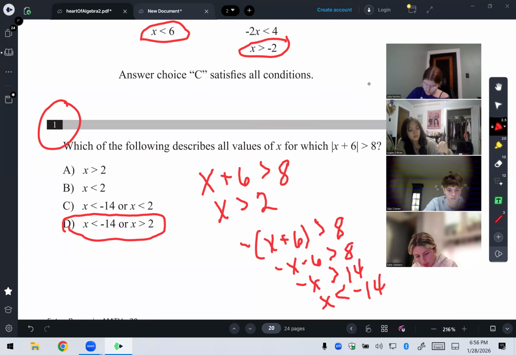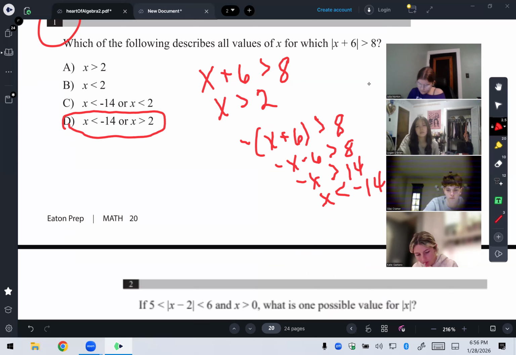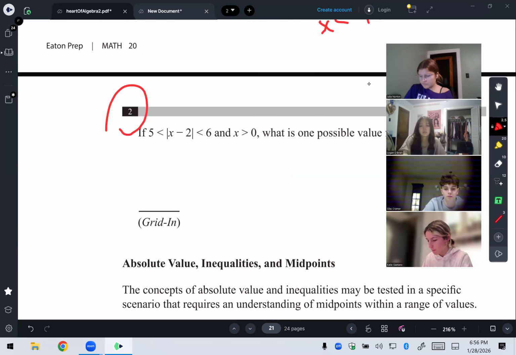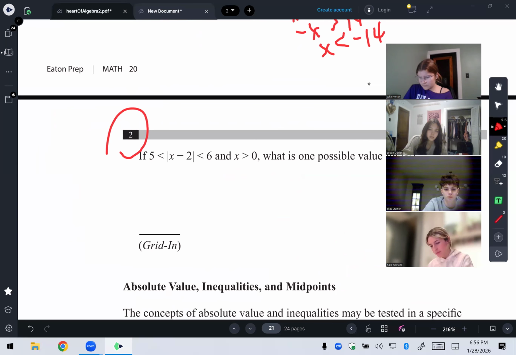Okay, in the next page, let's try this one. If 5 is less than or equal to x minus 2, which is less than 6, what's one possible value of, what are they asking? I can't see it. Are you on number 2? Yeah, the absolute value of x. Okay, the absolute value of x.